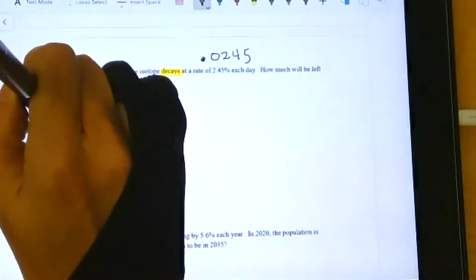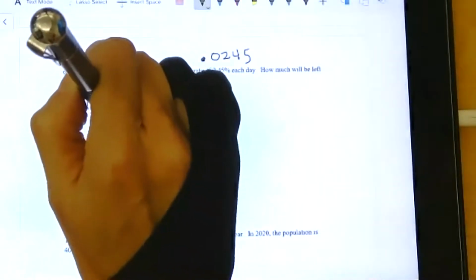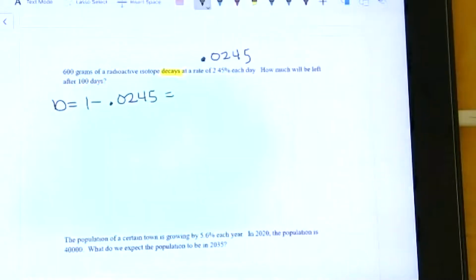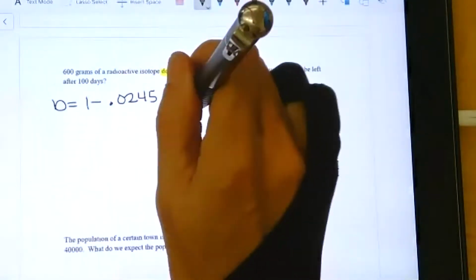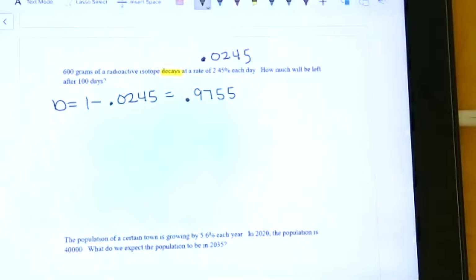We are decreasing, so we're going to do 1 minus the percent. So this substance decreases by 2.45% each day, which means it retains or keeps 97.55% of its amount. So every day it keeps 97.55% of its amount because it's decreasing by 2.45% each day.